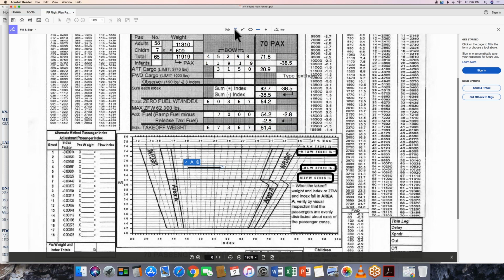We'll come up from the bottom here. 51.4. It's going to be somewhere right there. Everybody agree? Yeah. So that made a huge difference, huh?